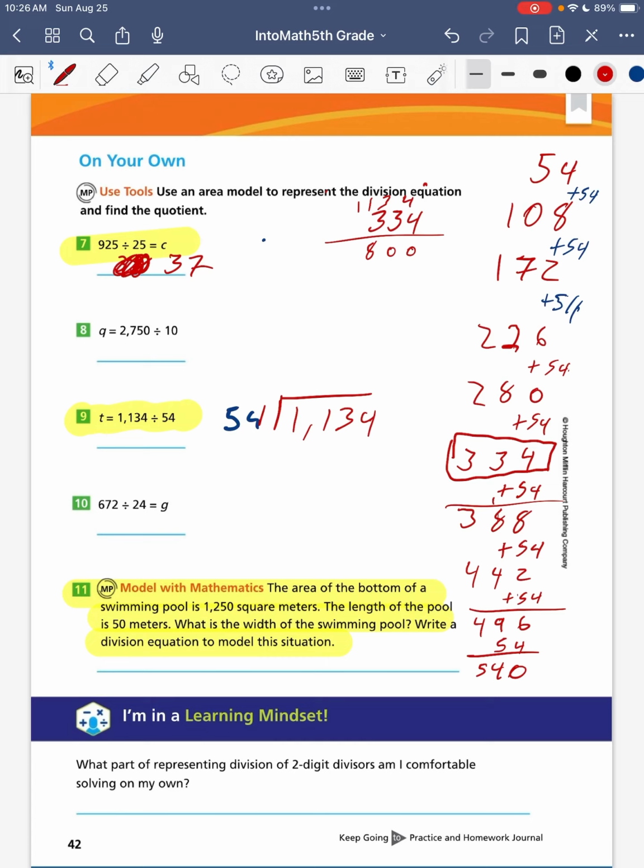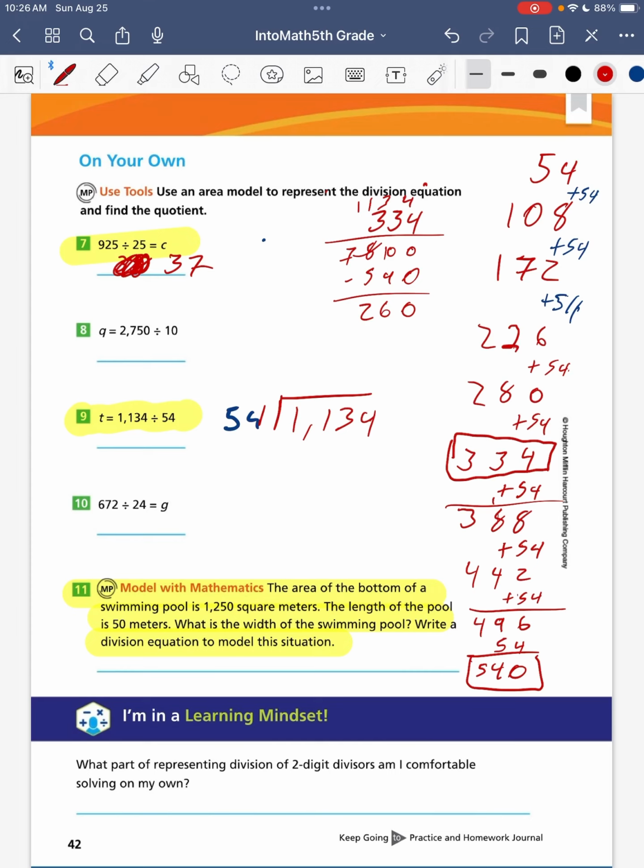Now, to add up to 800, if I do 540, that leaves 260. All right, I can't divide this evenly.